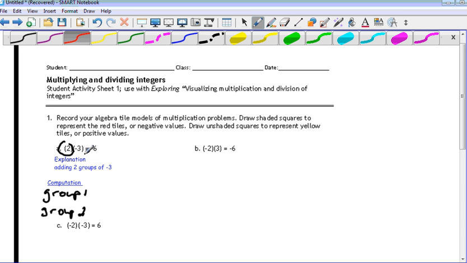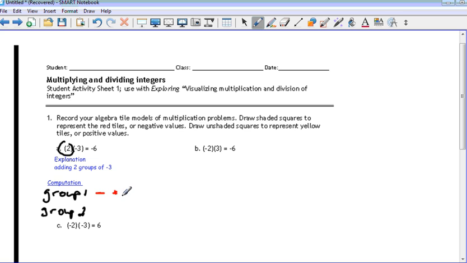Well, in group 1, I have 3 negatives: 1, 2, and 3. In group 2, I also have 3 negatives: 1, 2, and 3. All together, when I add group 1 and group 2, how many negatives do I have? I have 6 negatives. So 2 times negative 3 equals negative 6.